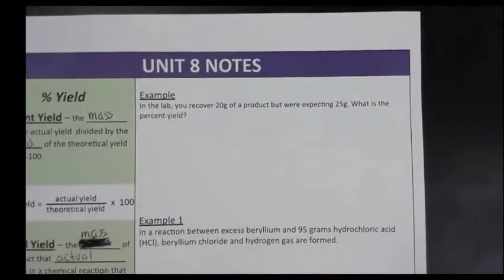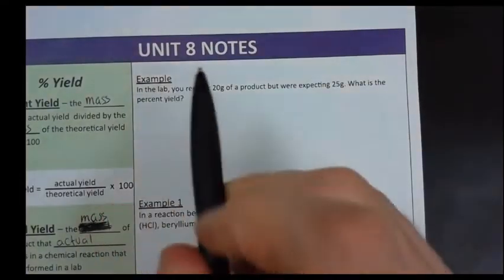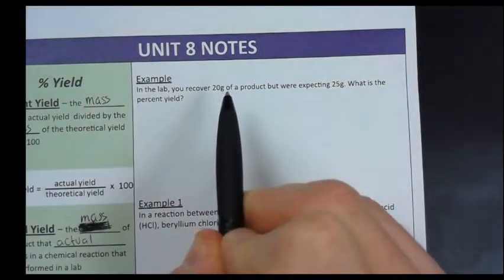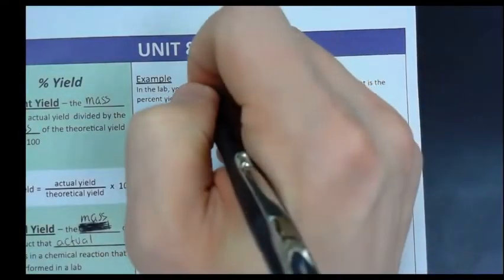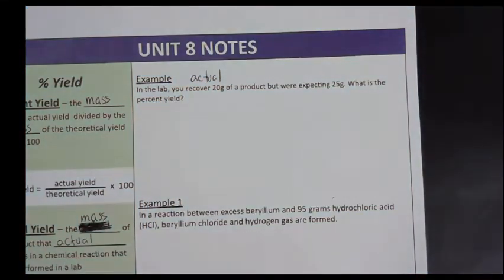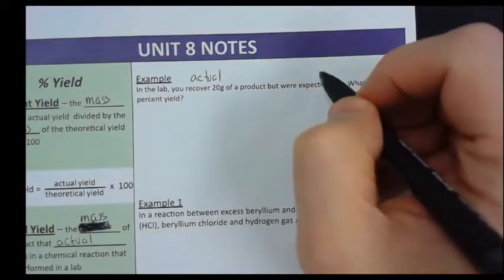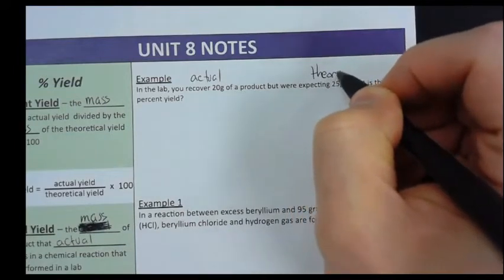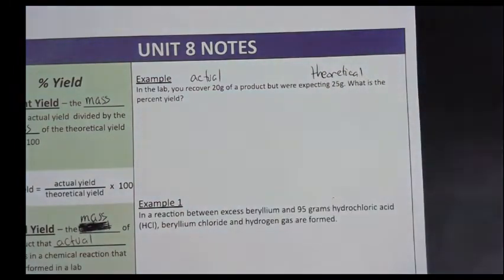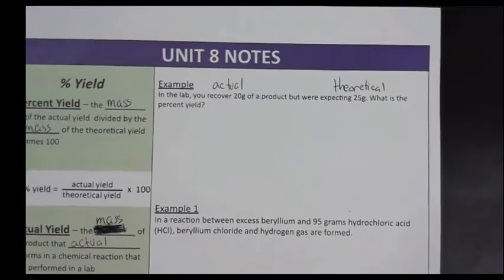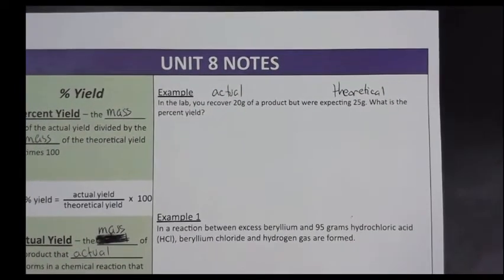It's a really simple example, but it says in a lab, you recover 20 grams of product. So there you actually made 20 grams, but according to your calculations, you were expecting to make 25 grams. Well, not all reactions are perfect. Human error is a very real thing as we start to do these labs and experiments ourselves.